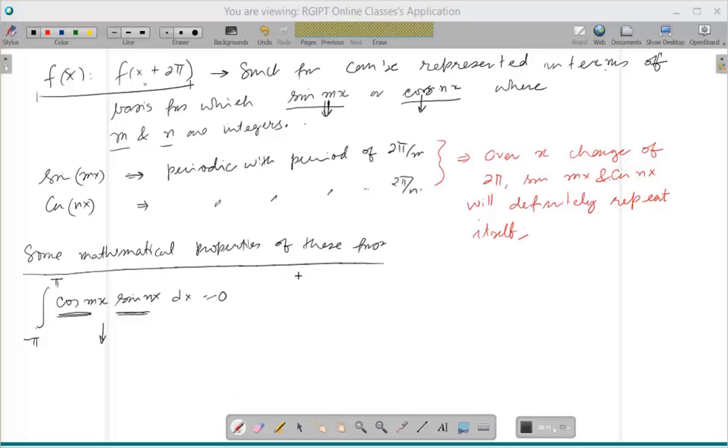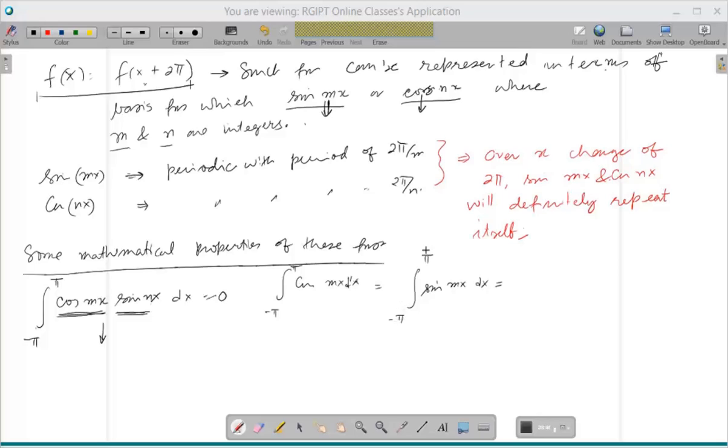The other property, which would be relevant later: the integral of cos mx dx from minus pi to pi, we already know, would be the same as the integral of sine mx dx from minus pi to pi, namely 0. Over the entire period, the function oscillates an even number of times, so whatever it does on the upswing goes to the negative swing.